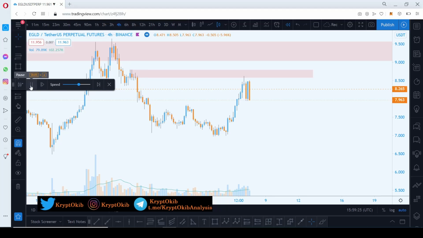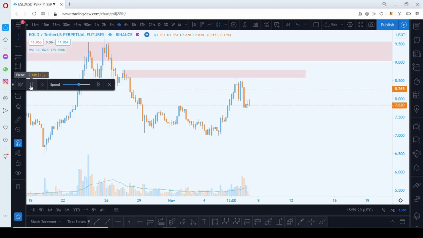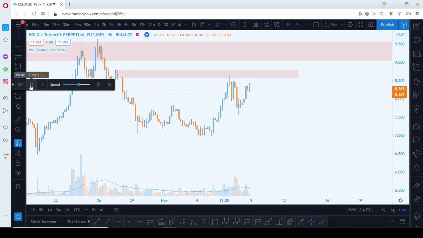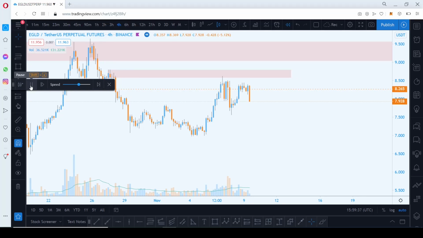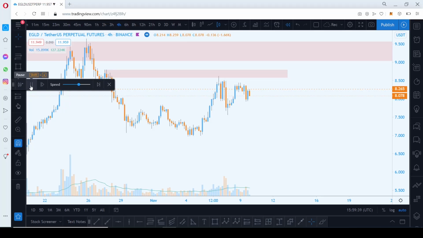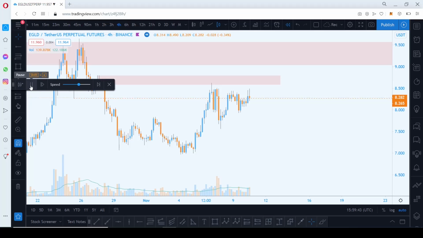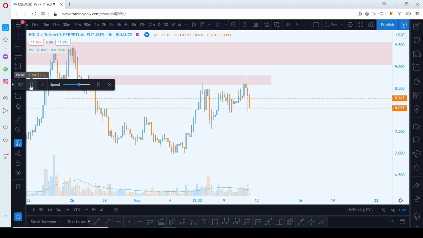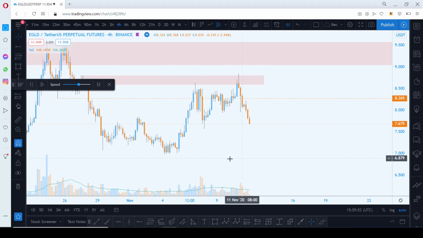Okay, seems it's still holding. And now it's broken. It's stripped. Now it has been stopped out on the side again, and now it's coming down.